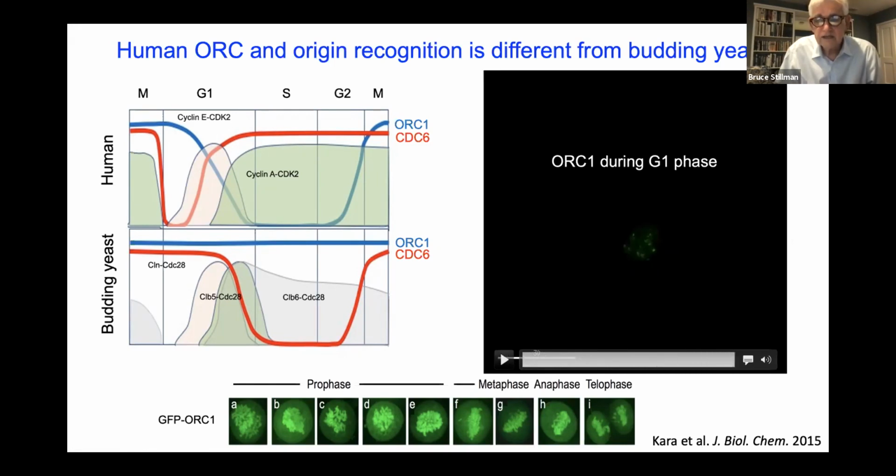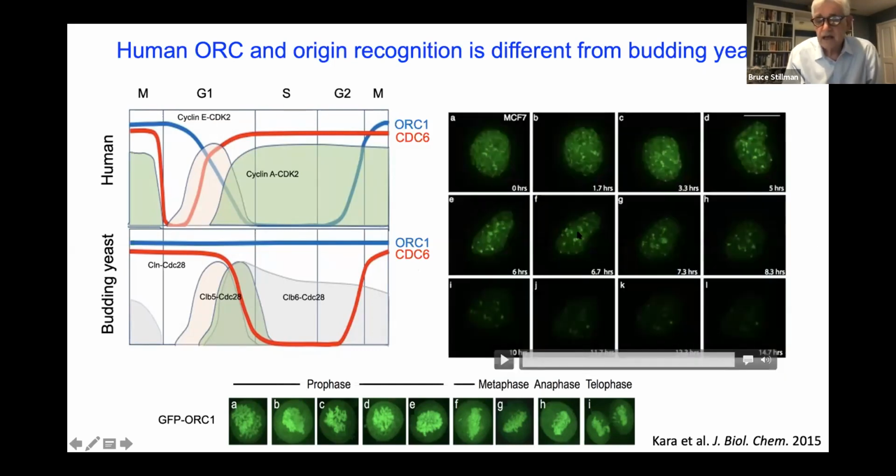So ORC1 is sequentially degraded throughout the G1 phase after it's loaded in mitosis. It binds the other ORC subunits in early G1, and we showed that it binds CDC6 in mid G1, just right about here. And that's dependent upon cyclin E CDK2.